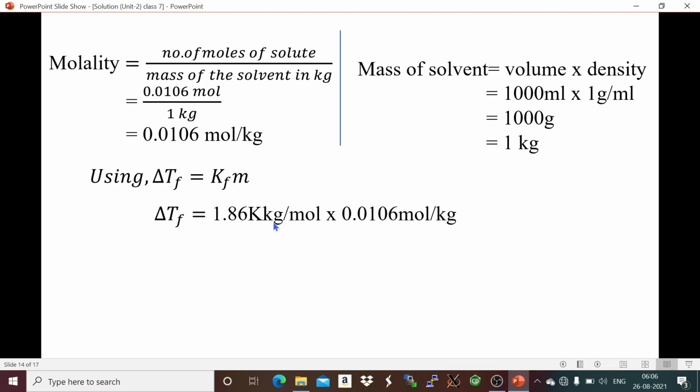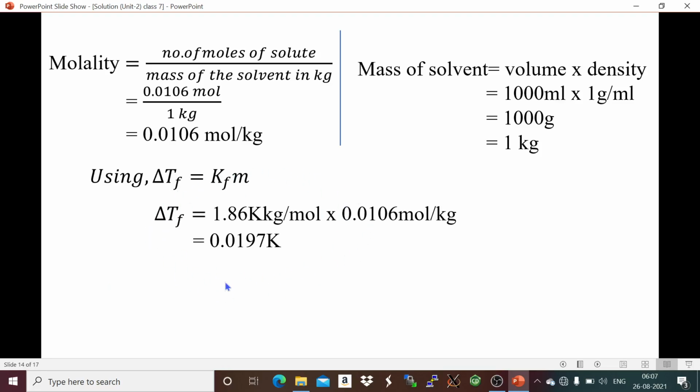So multiplying by m, the delta Tf we calculated is 0.0197 Kelvin.